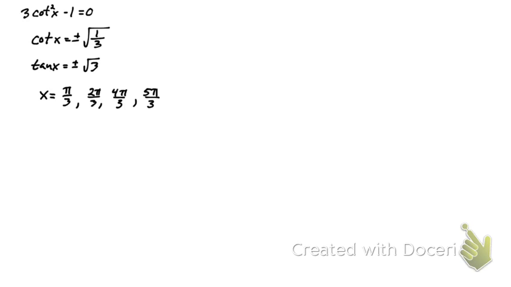All right, other questions from the homework? Number 12 was exactly the same thing as number 4. It's the exact same problem, 4 cosine squared minus 1. 12 and 4 are the exact same question. That's why I meant to change it.